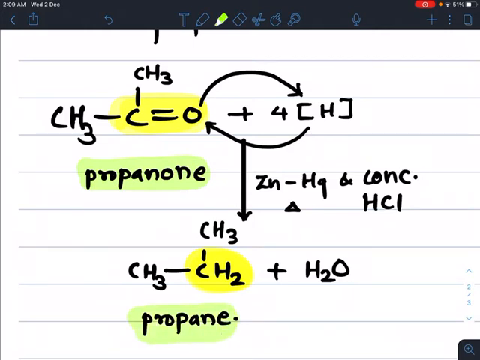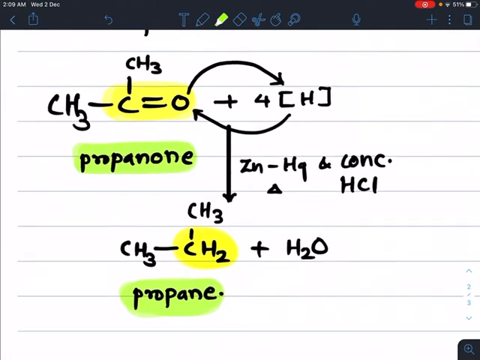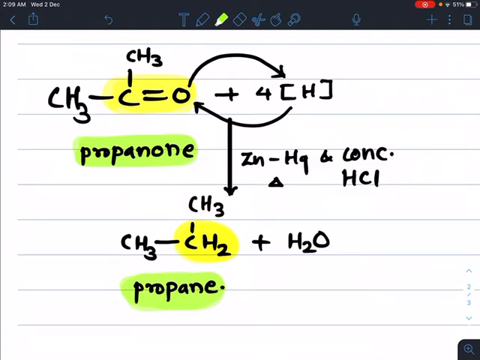So the same carbon containing alkane is formed by the Clemmensen reduction reaction, and it always takes place in the presence of the catalyst zinc amalgam and concentrated HCl. Zinc amalgam and concentrated HCl supply nascent hydrogen for the reduction.